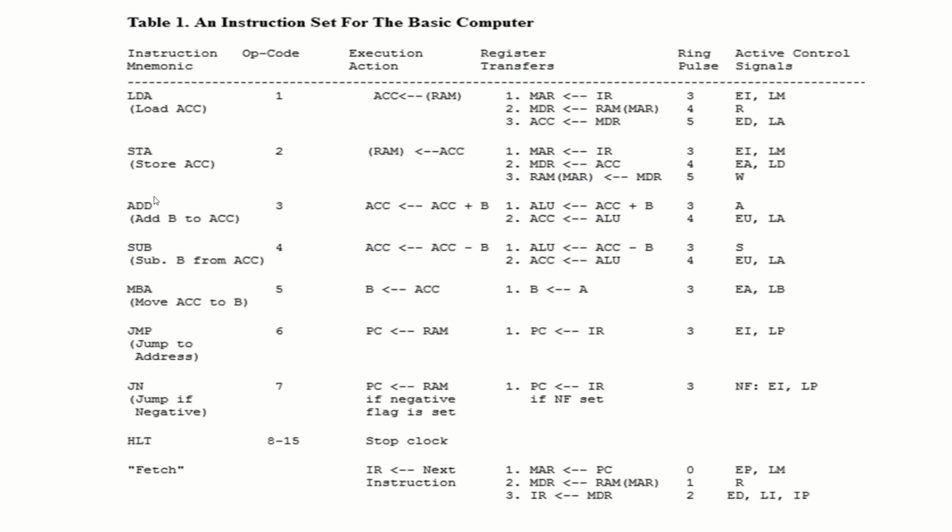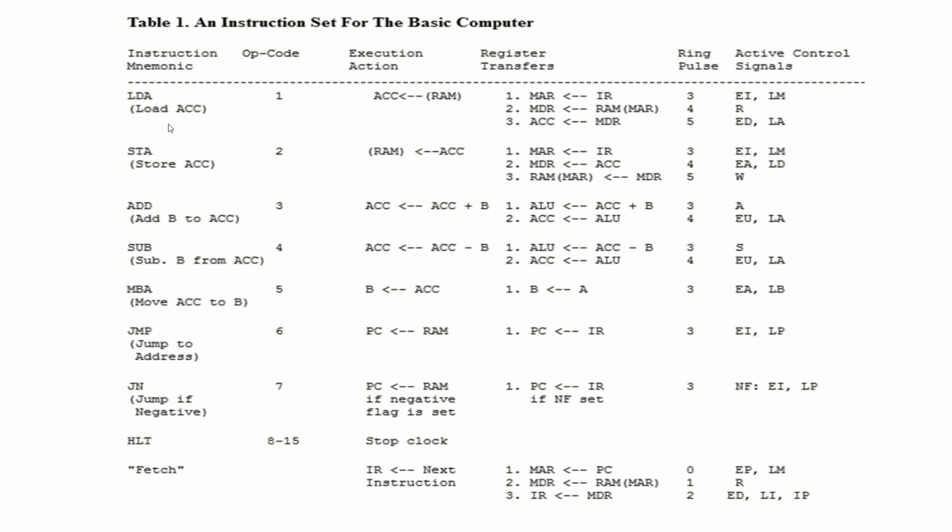Add, as I said, adds a number to another number that is stored in the accumulator. Subtraction subtracts. Move moves my data from the accumulator to the B register. Jump and jump negative are branch instructions. We'll study them in detail later. Halt is used to stop my clock.